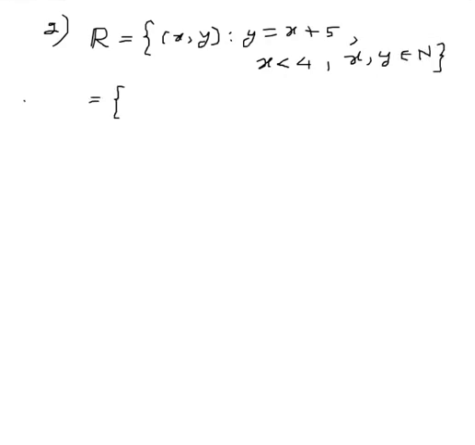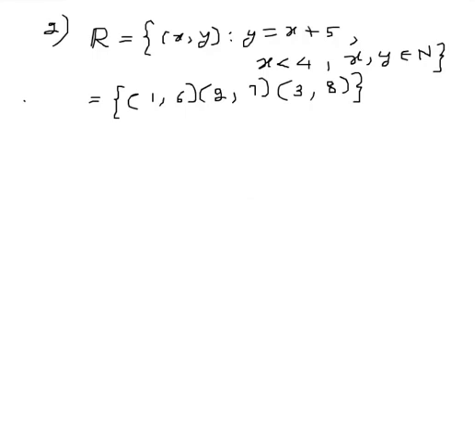Let us write the elements in roster form. x should be less than 4, which means x can take the values only 1, 2 and 3. If x is 1, 1 plus 5, y will become 6. If x is 2, 2 plus 5, 7. If x is 3, 3 plus 5, 8. That's all, it has only 3 elements.